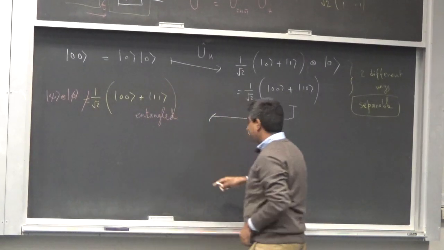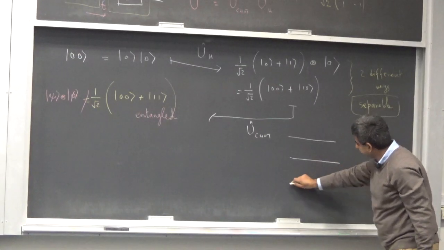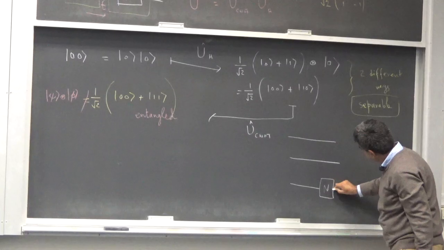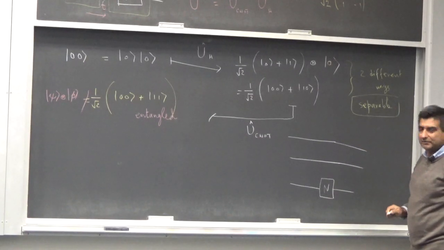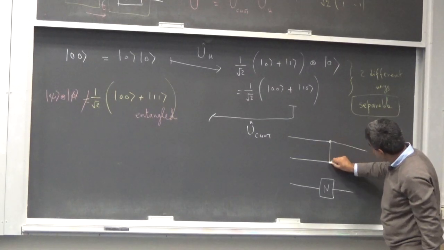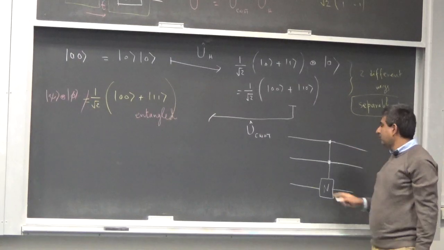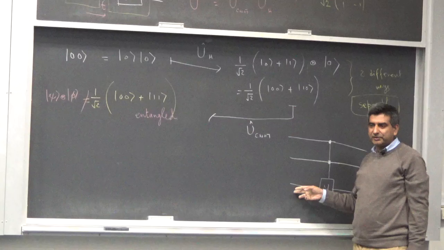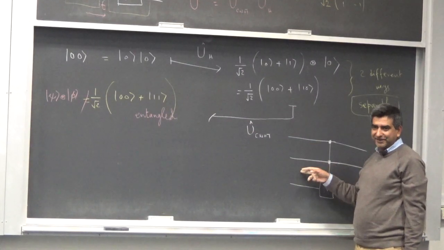Another example of a gate which you might encounter is, suppose you have 3 qubits. What this gate does is that it applies a NOT gate on the 3rd qubit if the first qubit is ket 1 and the second qubit is ket 1.